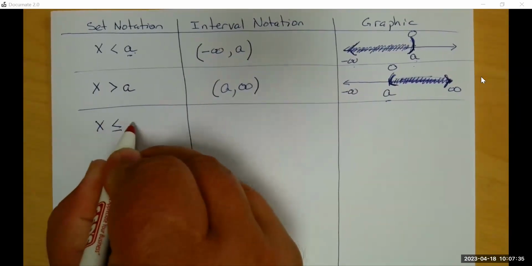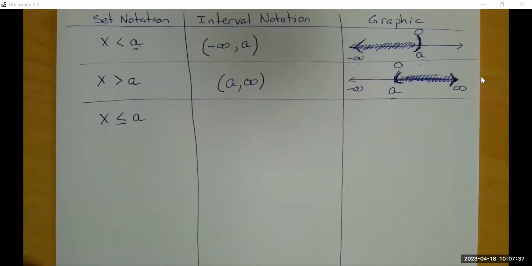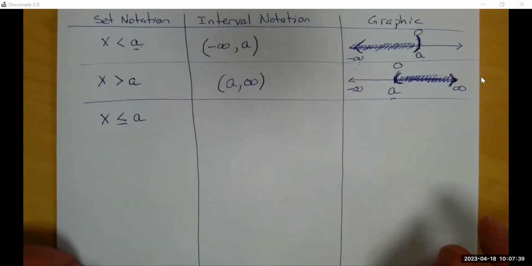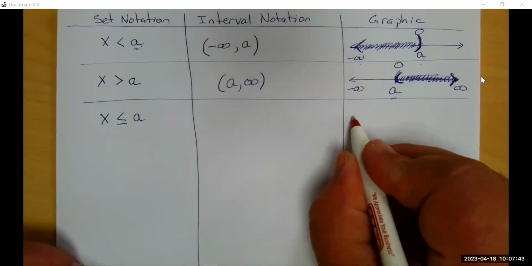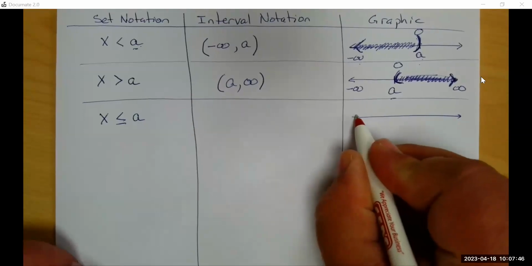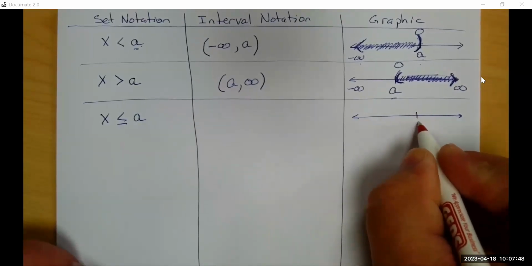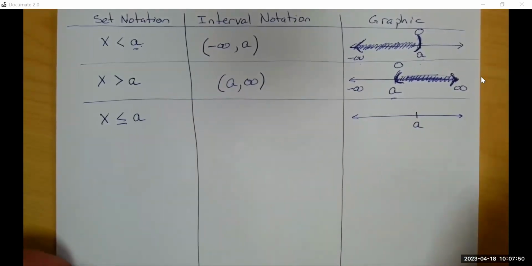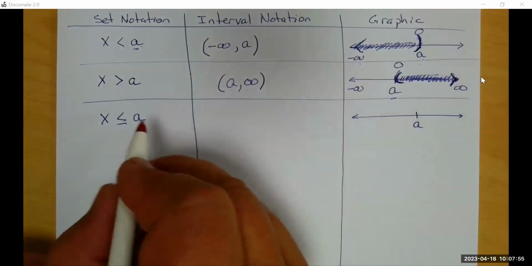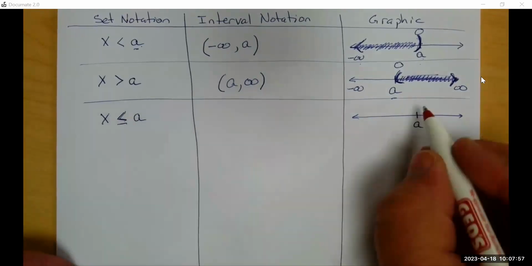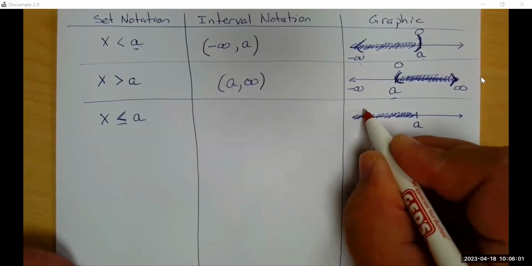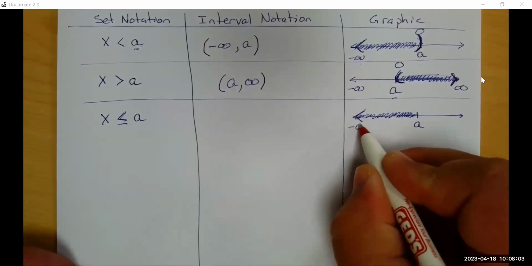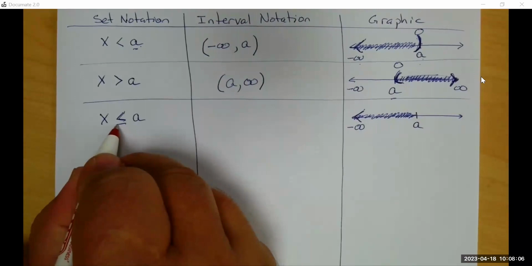X is less than or equal to A. So less than shades to the left of A, going to negative infinity, but it's equal to.